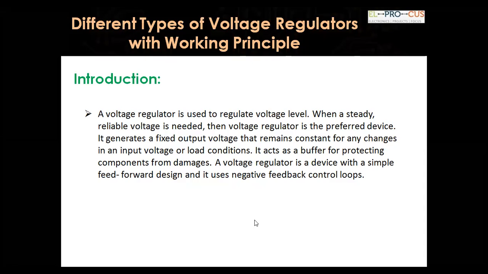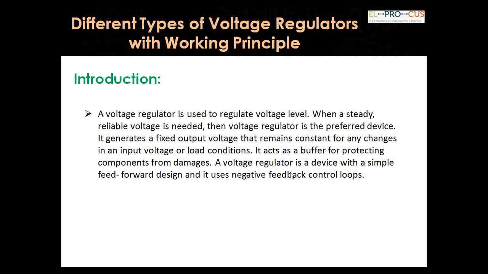That's why we use a voltage regulator, which can act as a buffer for protecting the components from damage.